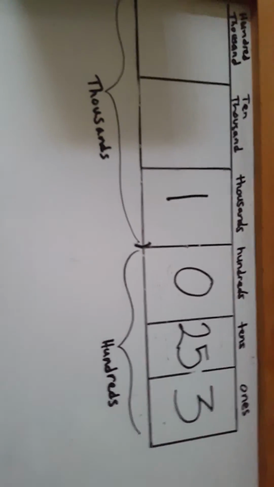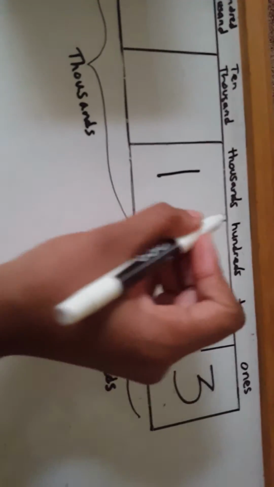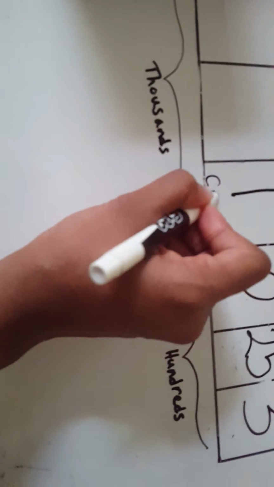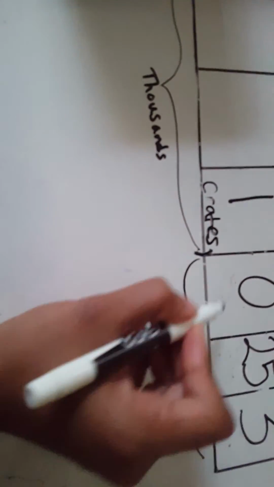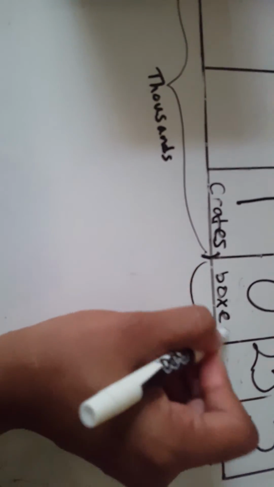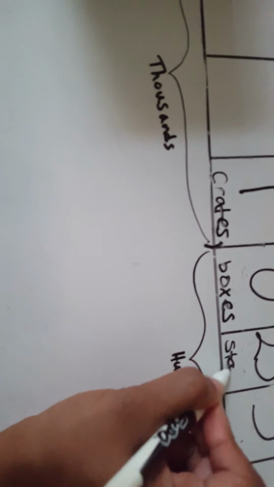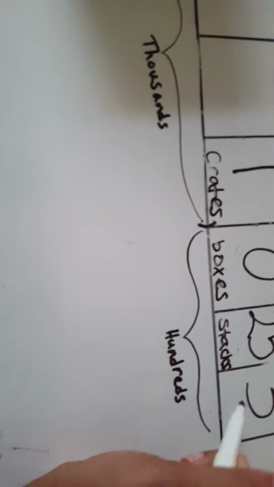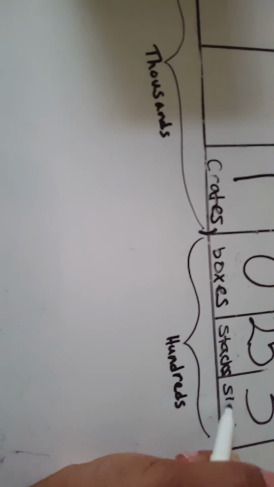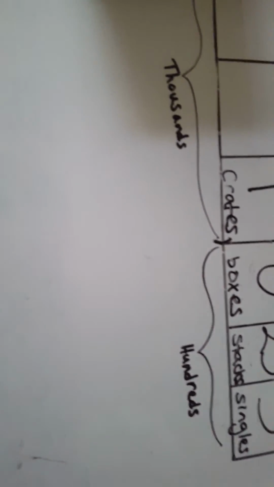When we write that, especially for the homework, which refers to the thousands as crates, I'm just going to put that in here, and the hundreds as boxes, and the tens as stacks, and the ones as single blocks. I'll just put singles.